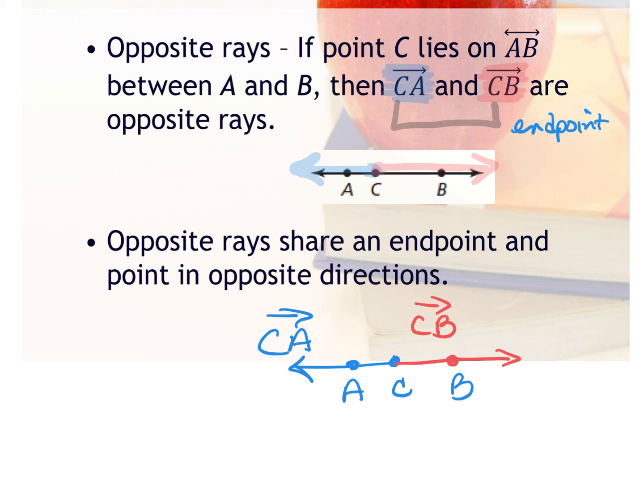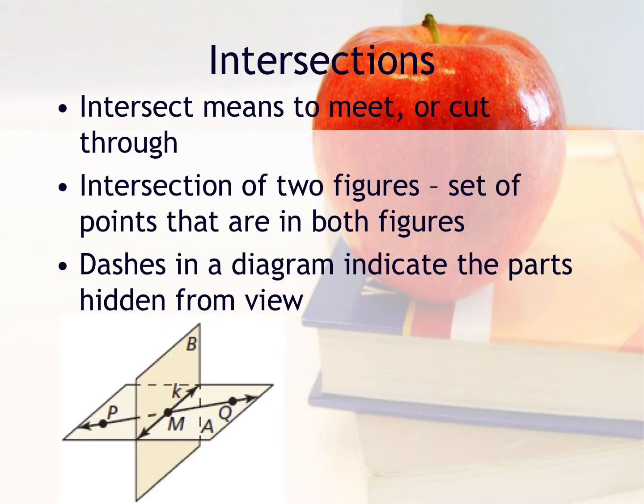Let's talk about intersections. So intersect means to meet or to cut through. So as you're starting to learn how to drive, when you're driving a car and when two roads meet or cut through or cross, where there's a street light or a four-way stop, that is an intersection.